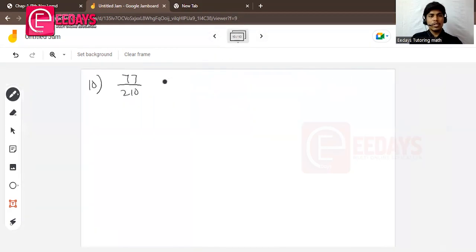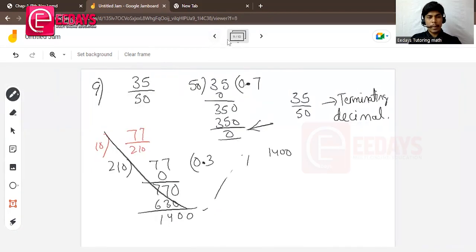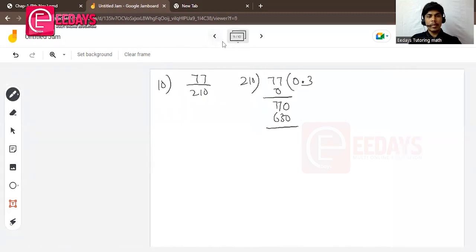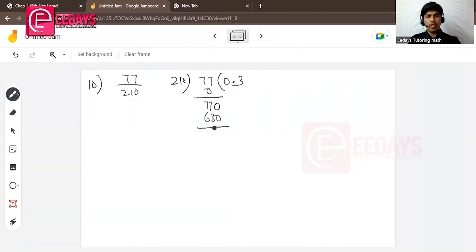Okay. So 210 into 77: 0, then 770. 210 into 3 is 630, and the remainder we got is 140. Here the point is there.